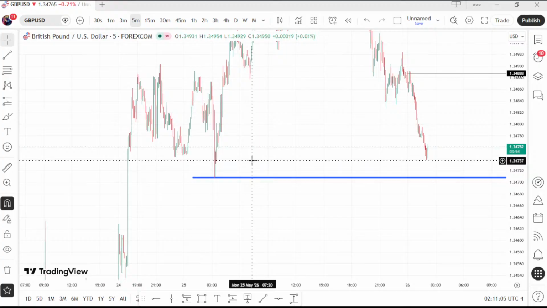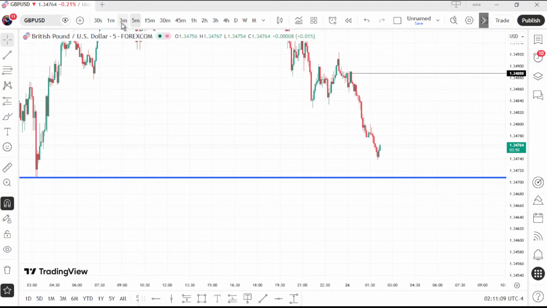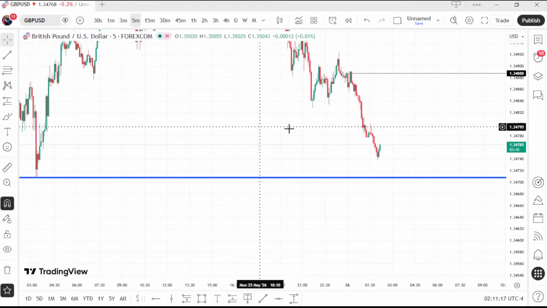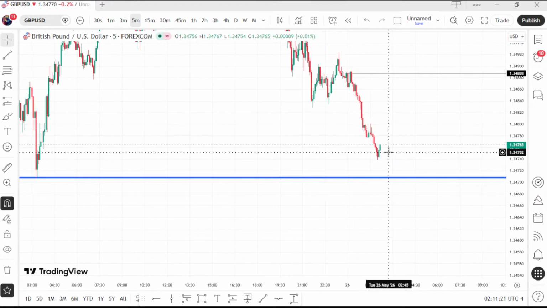So that fair value gap. Anybody who's chasing price lower, it's like you're going to die. We're just bullish. The GBPUSD is the one that has brought that SMT.